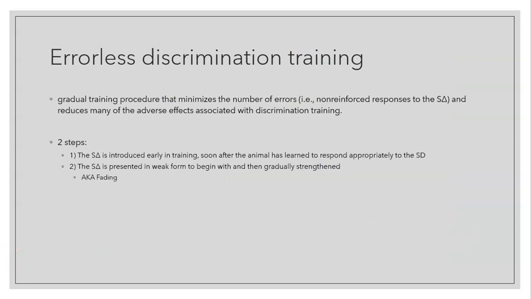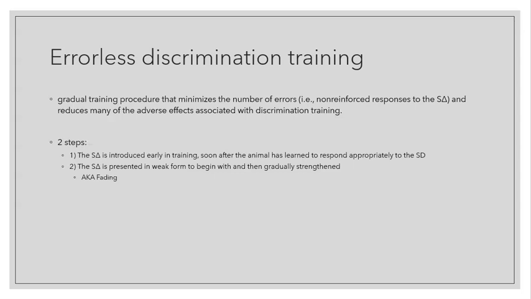Okay, then we've got our errorless discrimination training. This is a modified way of discrimination training, where we have a gradual training procedure that actually minimizes the number of errors. Because in normal discrimination training, when you start, we get a lot of original responses to that S delta, where we only want responses to the SD, right?